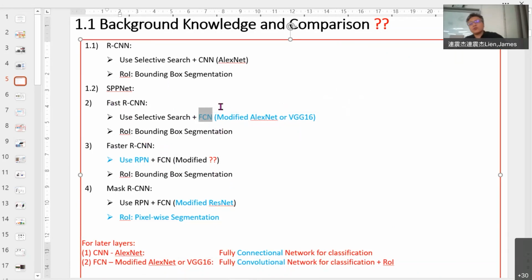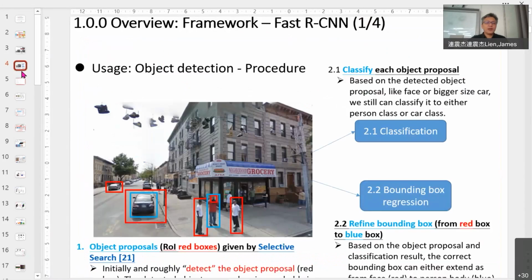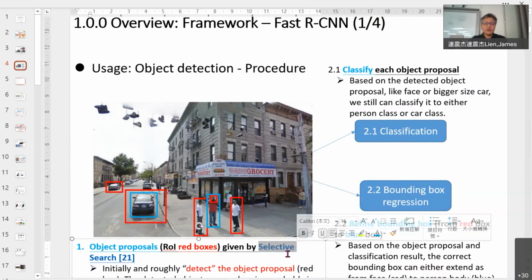Okay, so I made this small table so that you understand the history. So go back to page 4. On page 4, we talk about how the first RCNN includes detection and classification. However, the detection uses the traditional method we call selective search, so it's not complete deep learning.